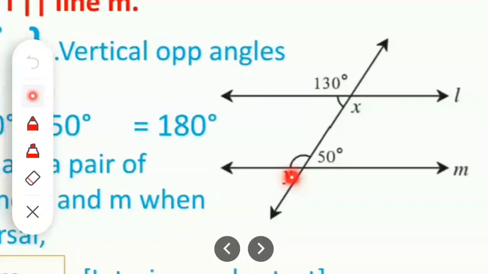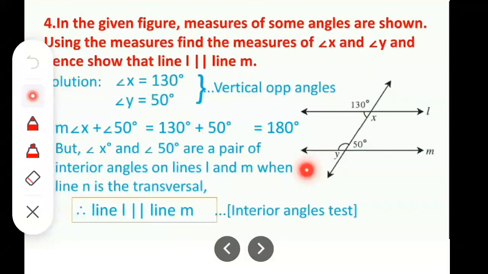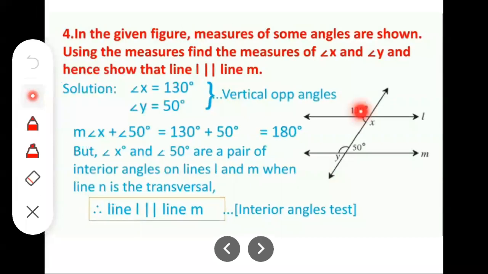Okay. So see, the angle given here is 130 degrees. And angle X is vertically opposite to that angle. So the property we know is that vertically opposite angles are congruent to each other. So X will also be 130. And for this angle Y, the same property.